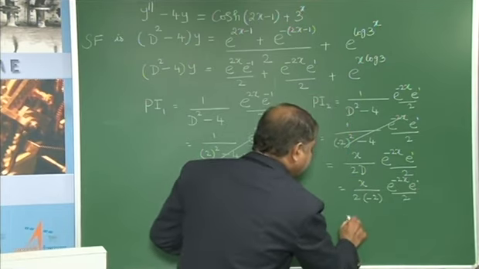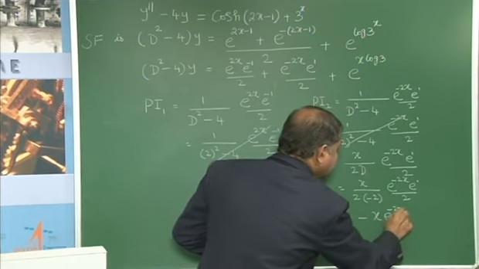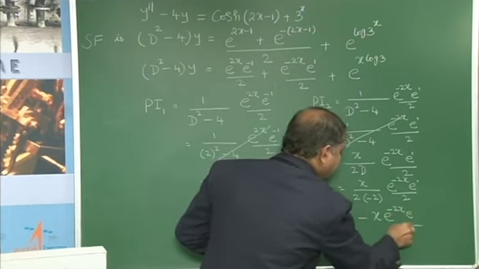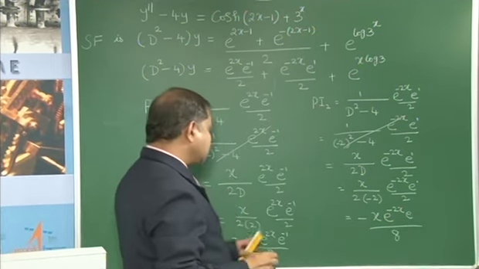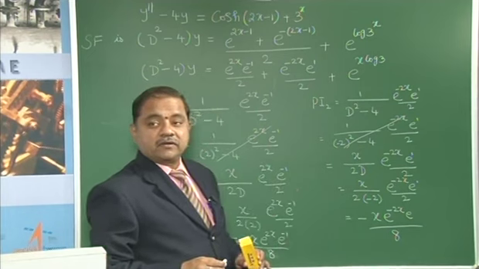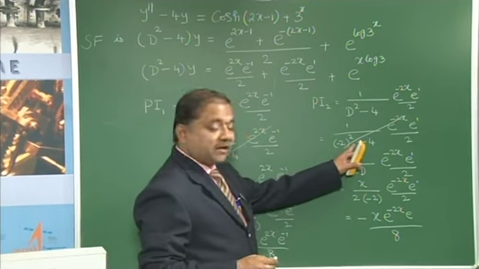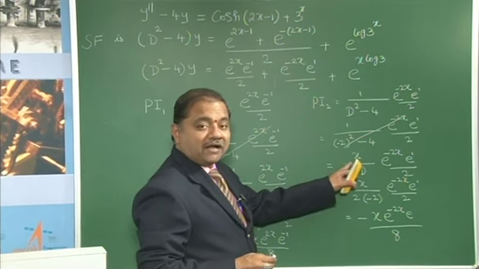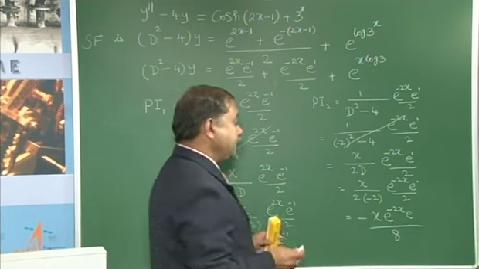So totally the answer is minus x e power minus 2x e divided by 8. Here plus, there minus. This is a critical case where the denominator becomes 0. Again I am telling you, multiply by x, differentiate the denominator with respect to D.